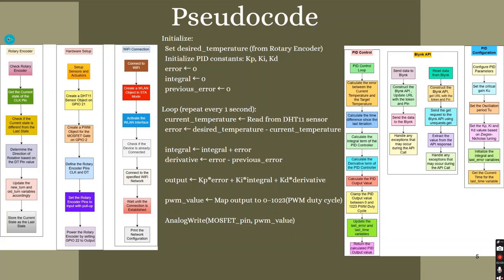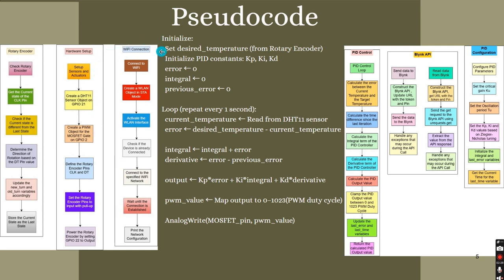These are the user-defined functions. The clock of the rotary encoder will tell the change in state and the DT will determine the direction of rotation, and according to that the target temperature will be set. The DHT11 sensor is connected to GPIO pin 21 and the gate terminal of the MOSFET is connected to GPIO pin 2 of the ESP32.